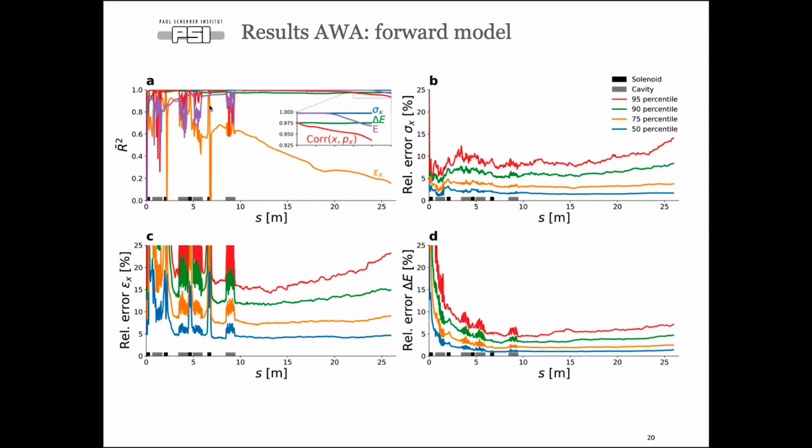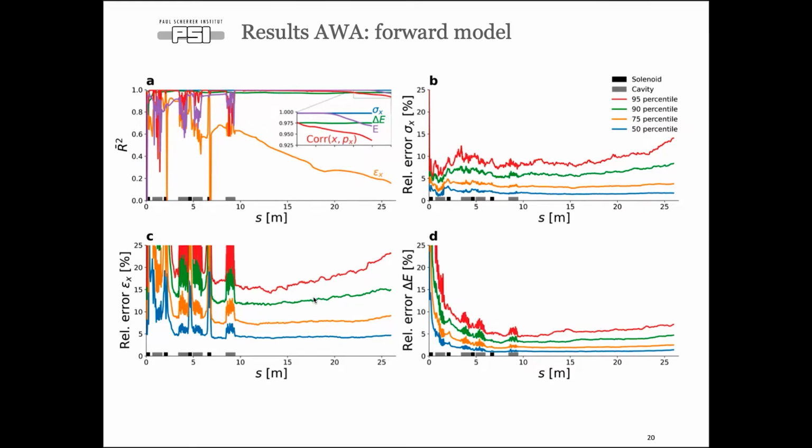And one sees here for the coefficient of determination, the R-squared value, that most of the quantities are predicted quite well, but for the emittance, the variance is not really captured well, and we think that it is due to the presence of angular momenta inside the solenoid region.